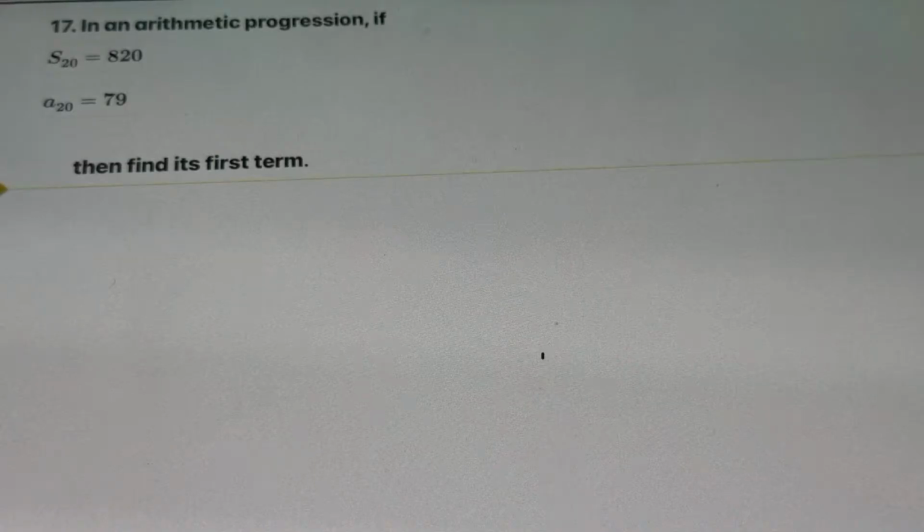Let us start the first problem. In an arithmetic progression, if S20 is equal to 820 and A20 equals 79, then find its first term.